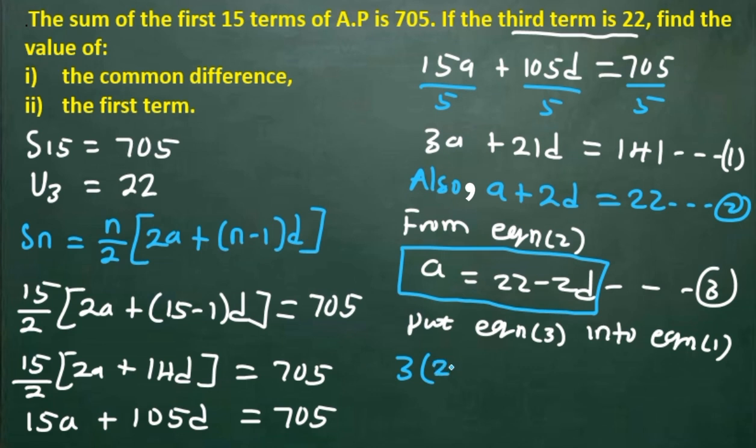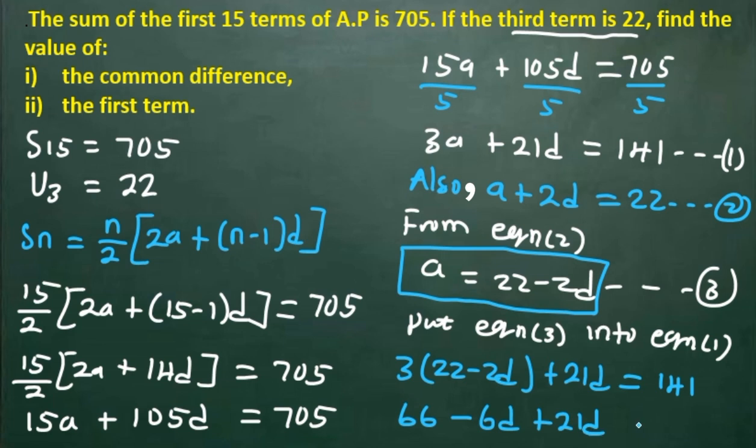So wherever we see a, put 22 minus 2d, plus 21d equals 141. Now when we expand this bracket, we have 22 times 3, which gives us 66, minus 3 times 2, which gives us 6, so that will be minus 6d plus 21d equals 141.